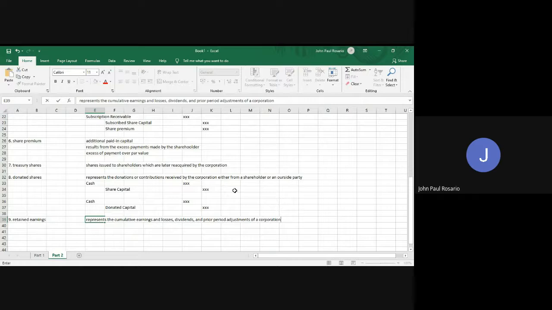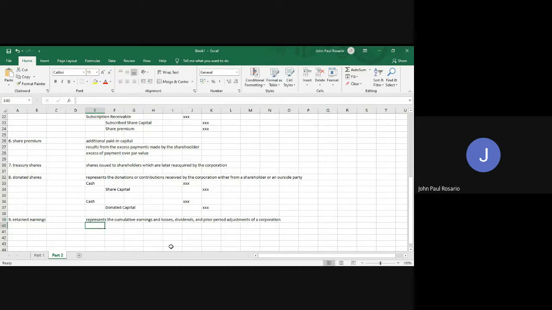Okay, this is the difference from a sole proprietorship or a partnership, where earnings or losses affect the owner's capital or partner's capital. Now in a corporation, it is not share capital that is affected. What is affected is retained earnings. Retained earnings, from the word itself, means earnings that are retained. Okay?